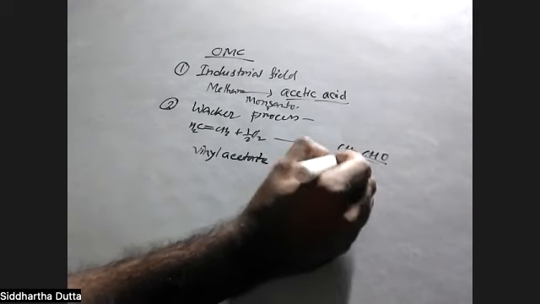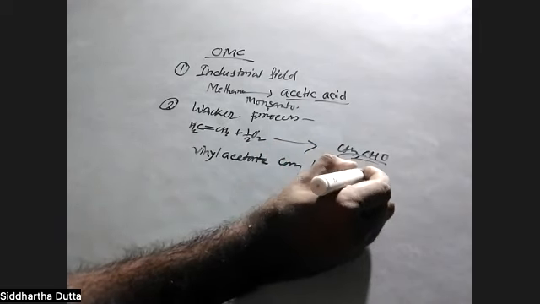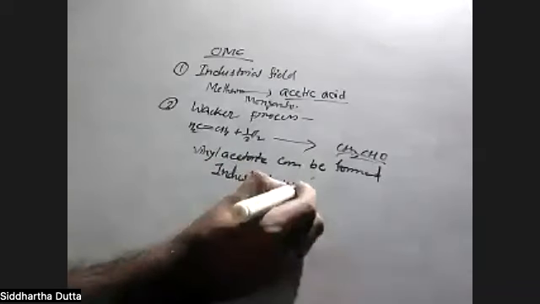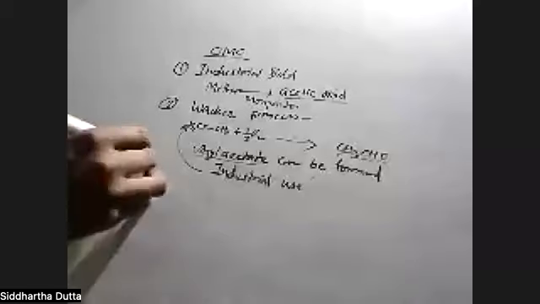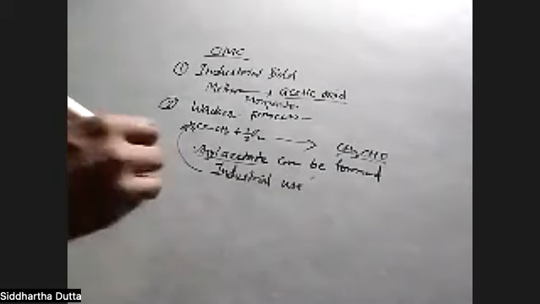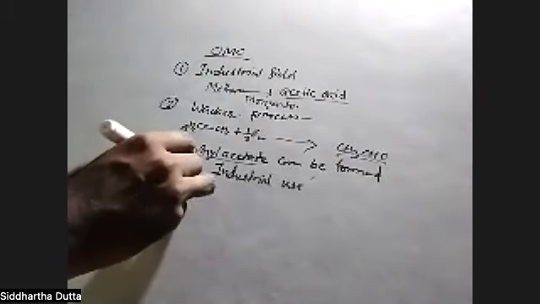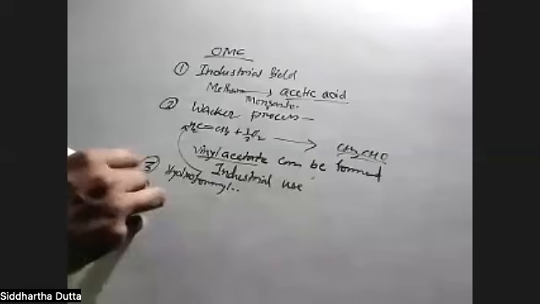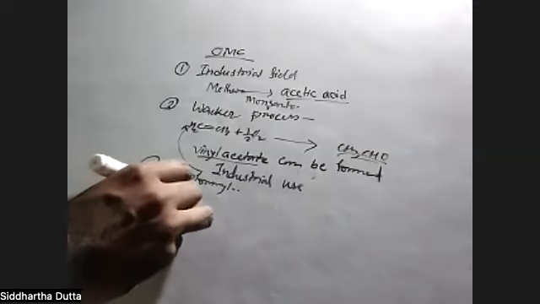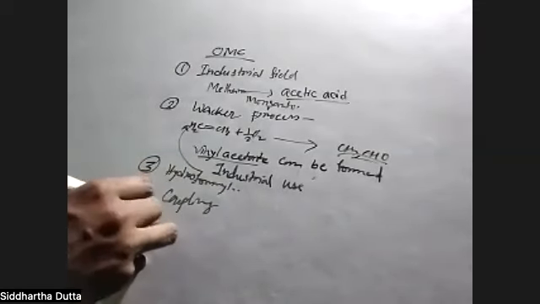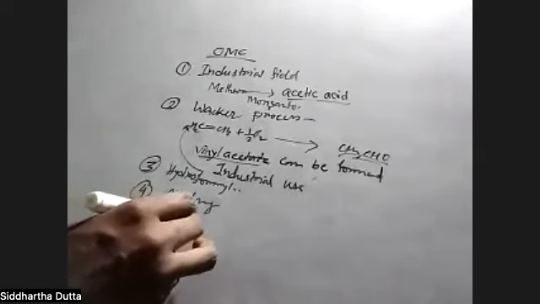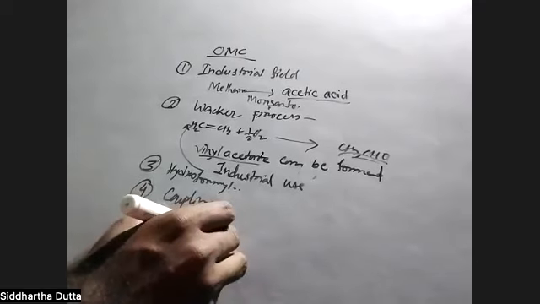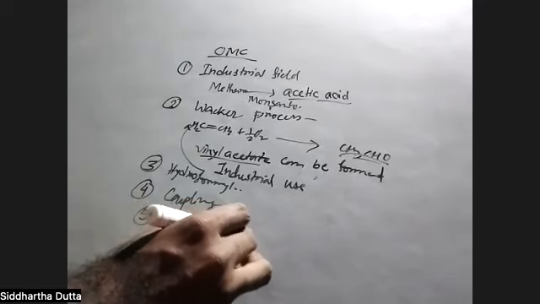That is of high industrial use by this Wacker process, and also hydroformylation is used in many, and coupling reactions. There is L-DOPA, the medicine for Parkinson disease. L-DOPA preparation.